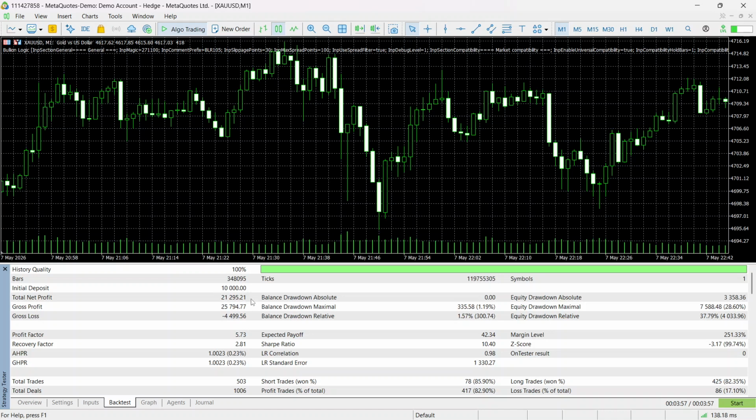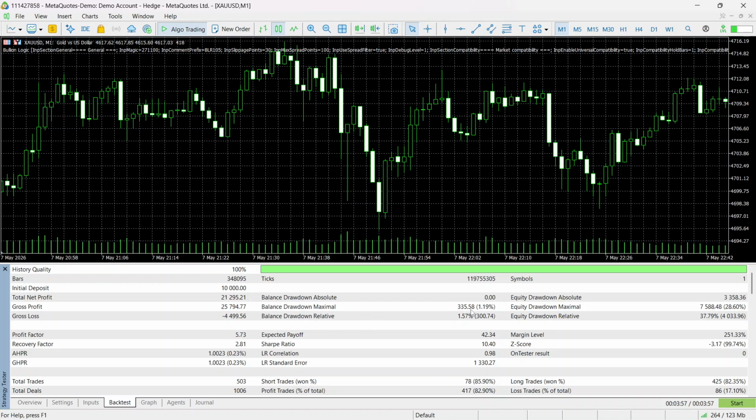Profit factor came in at 5.73, with roughly 503 trades taken. Now remember, I told you to remember those numbers. So we see my profit factor matches theirs. You can see the claim is realistic to an extent.